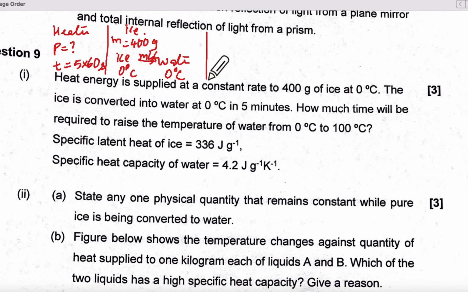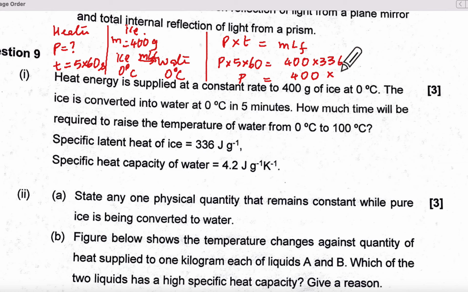Now using this mL_f, you'll have to find the power. So for this you will say P into T, heat supplied by the heater, is equal to mL_f. So P into 5 into 60 is equal to 400 into L_f, which is given as 336. So power is equal to 400 into 336 divided by 5 into 60.